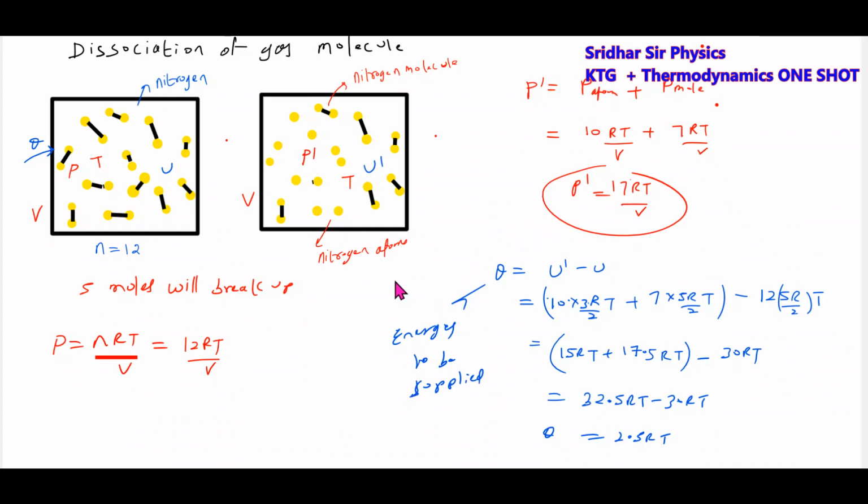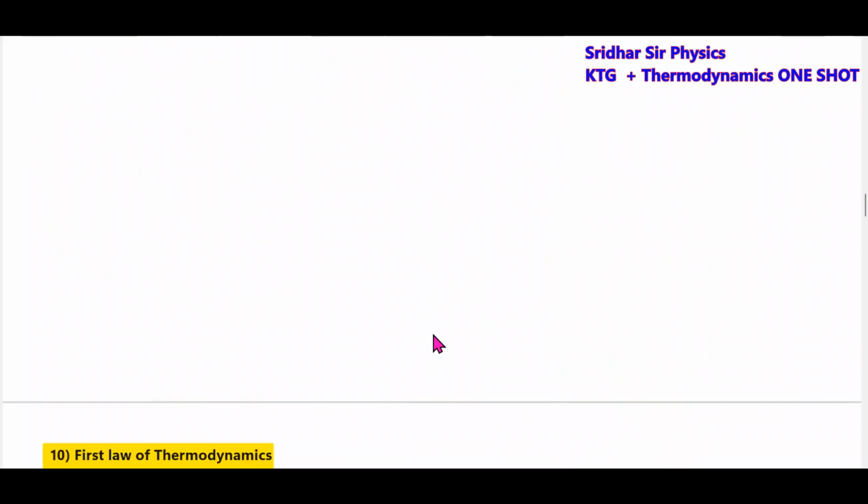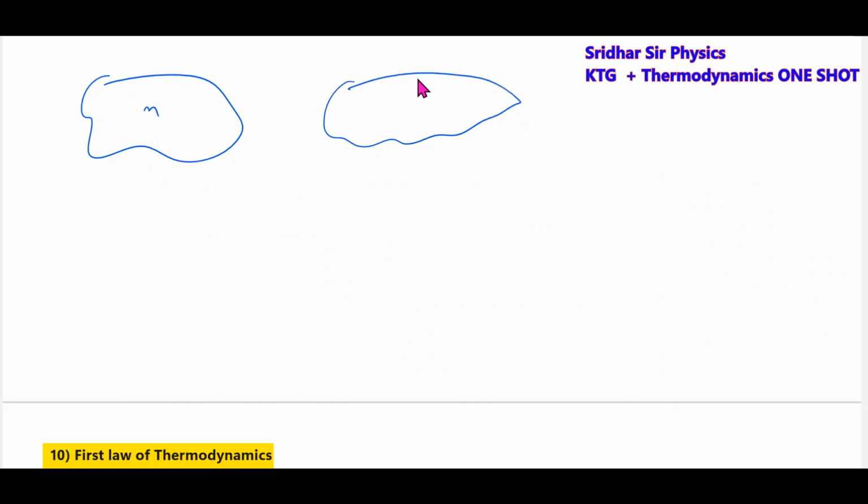Okay, fine. There's one more basic method. If they give some information about mass, suppose an amount of gas of mass M is present, of which 30% will break up and the remaining 70% stays as it is. It is a diatomic gas.